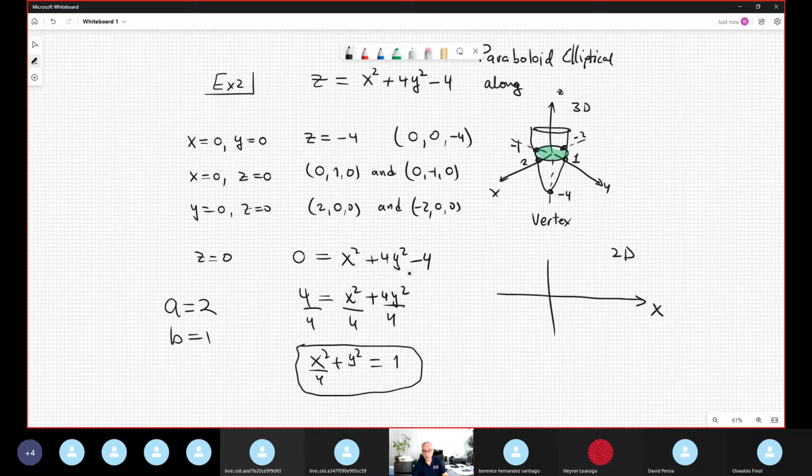This is X, this is Y. So now the major axis is 2, and the minor is 1. This is my ellipse, from -2 to 2 and -1 to 1, which is exactly the ellipse that I highlight here in green color. Look, it's the same. Do you see?